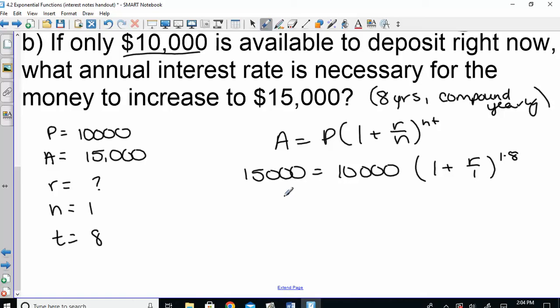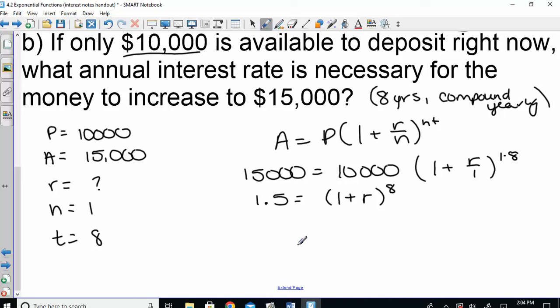What would you do first? What can I do with that 10,000? Divide. So if I divide by 10,000, in here, R divided by 1 is R. 1 times 8 is 8.